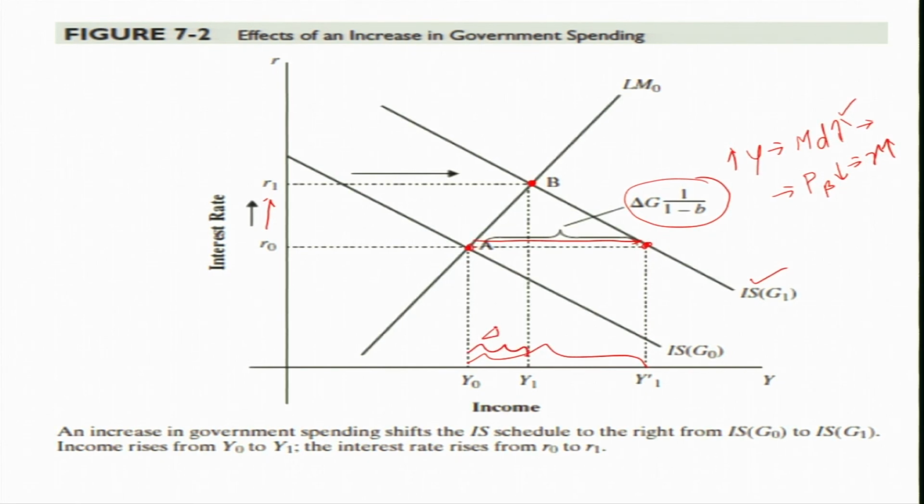We are supposed to have del y this much, but due to the increase in the rate of interest, the actual increase in del y is only this much, and as a result you can see that income increases from Y0 to Y1.